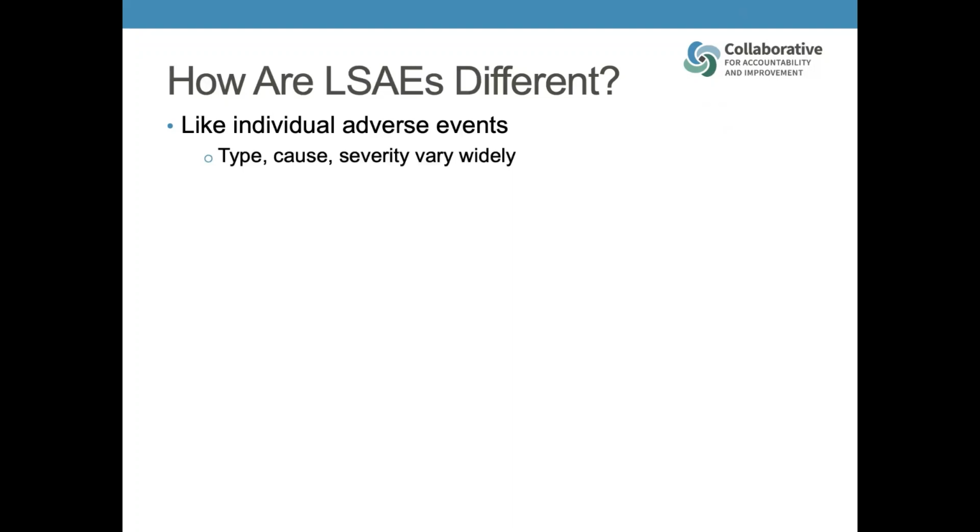When it comes to large-scale adverse events, if you look at the paper that we sent out, there's actually a two-page table that describes the whole host of different types of large-scale adverse events that can happen, and the list has broadened considerably since that article was published a couple of years ago. So large-scale adverse events are like individual adverse events in the variation in their type, cause, and severity. And there are very strong patient expectations that there will be openness when these events happen, as well as learning.